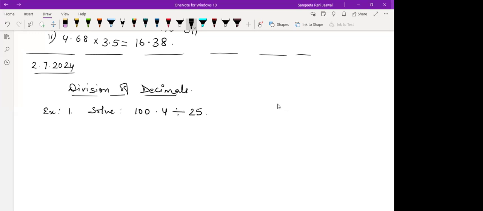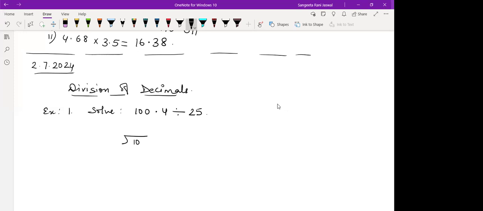This is a decimal number, I'm dividing it with a whole number. So the procedure will be the same as you divide normal numbers. Only where you come across a decimal point, you have to put a decimal point in the quotient. So divide as we divide normal numbers, and when you reach the place after the decimal, then you have to put the decimal point in the quotient also.